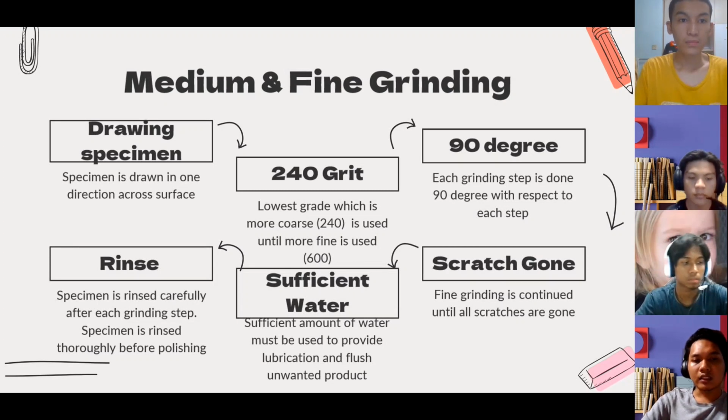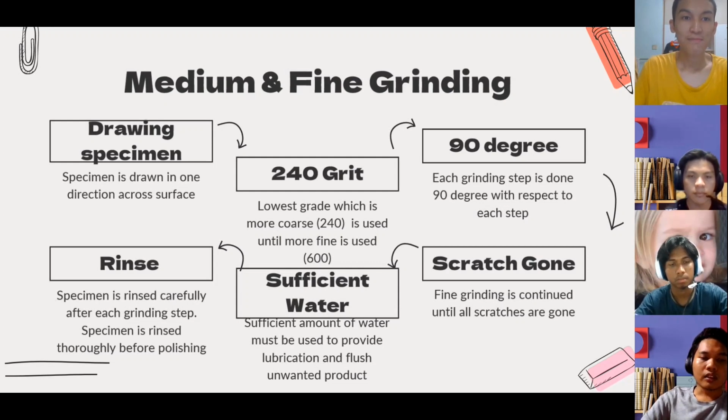After the scratches are gone, we must use a sufficient amount of water to provide lubrication for the sample and also to flush all the unwanted products. And lastly, we must rinse the specimen carefully after each grinding step and make it ready for the polishing process.